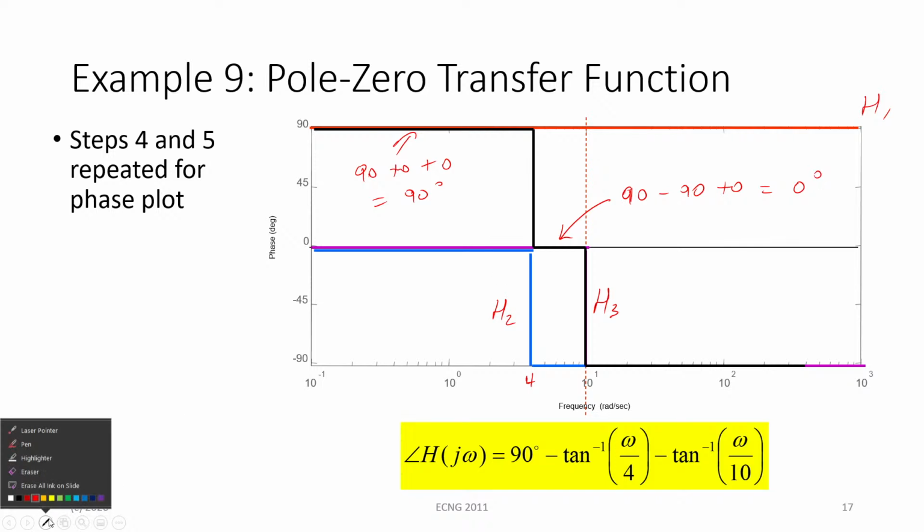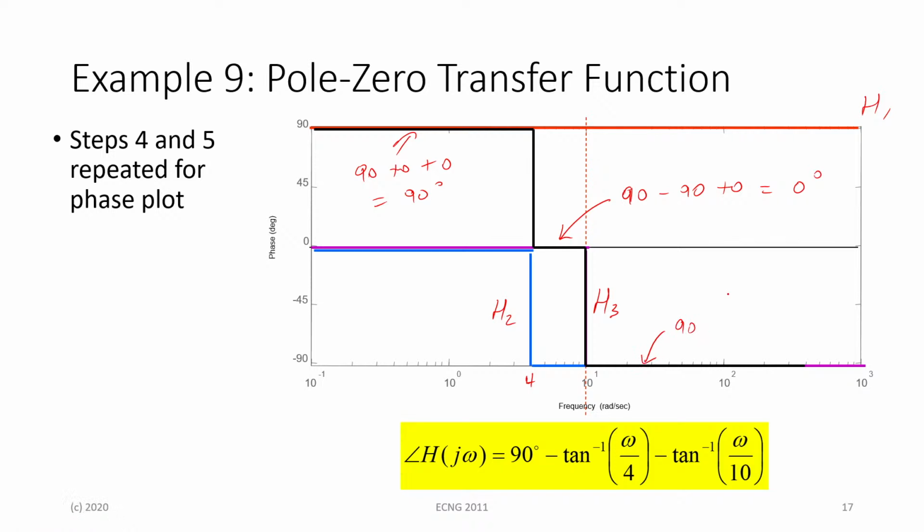And then after omega equals 10, H1 is still at 90 degrees, but H2 is at minus 90 degrees, and H3 is at minus 90 degrees as well. So let's write those in and see what the result is.